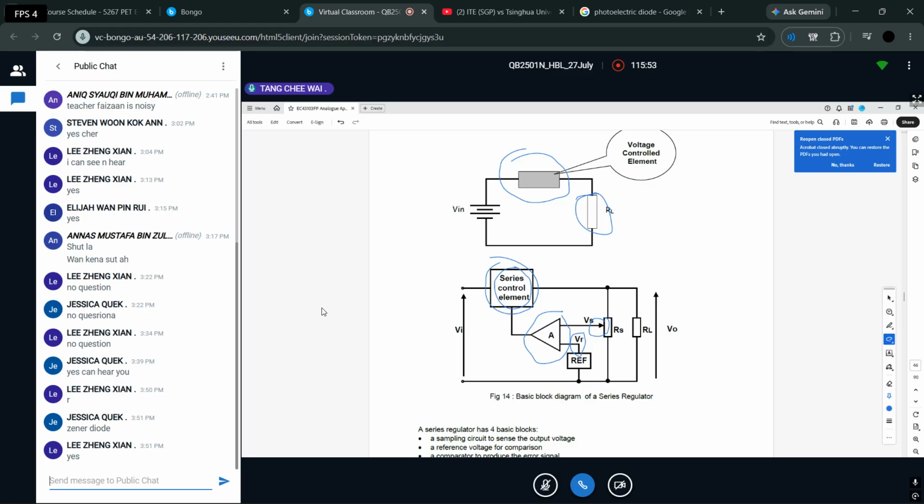Just like controlling a tap. Too much water, I turn backwards, to make sure the tap doesn't flow too much. Not enough water, I turn the tap more to let more water flow in. So there's a series control element over here, but this is also acting as something that tells the control element when to make what changes.